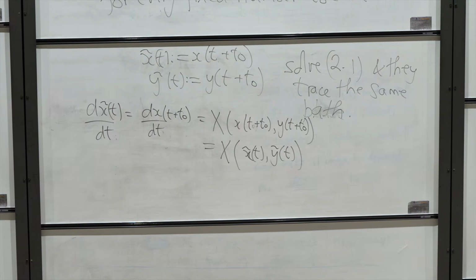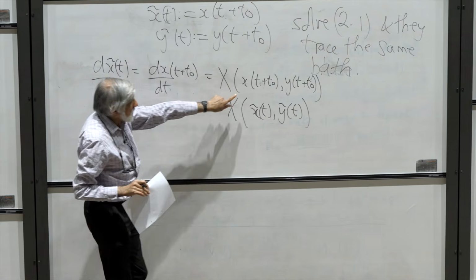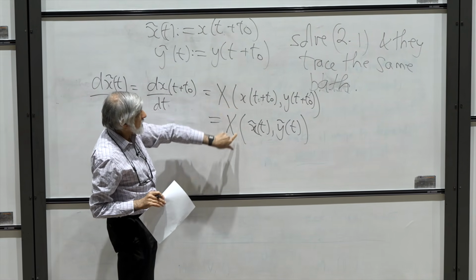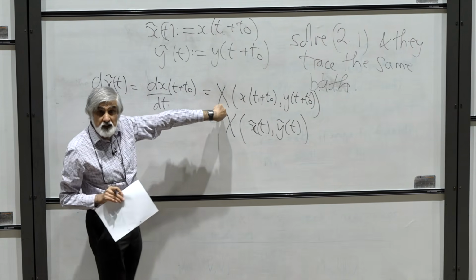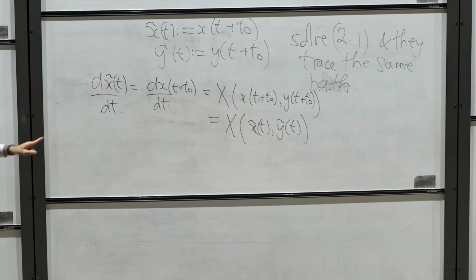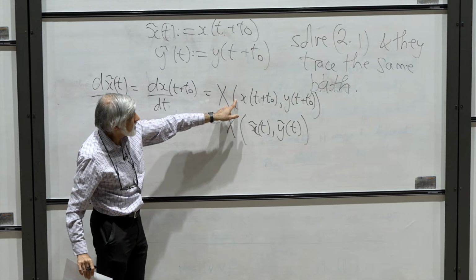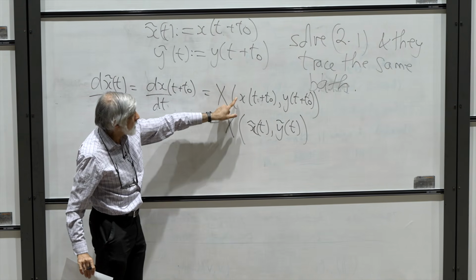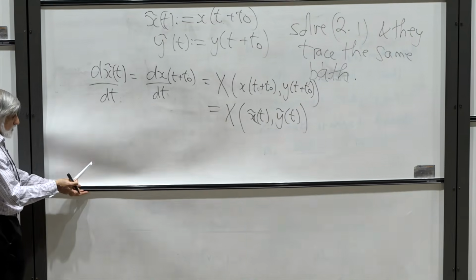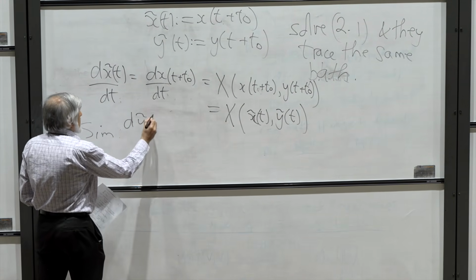Okay? Now, crucially, the reason why this works is because this doesn't explicitly depend on t. Because if this had an explicit dependence on t here, then we couldn't go from here to here. Okay? And similarly for that one.